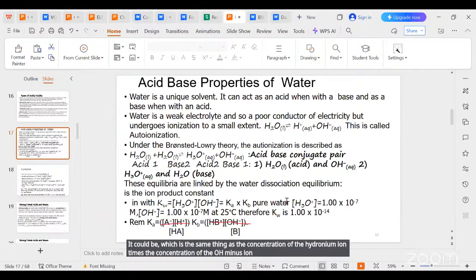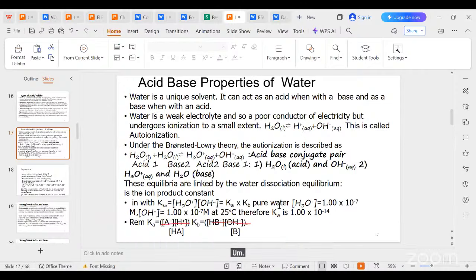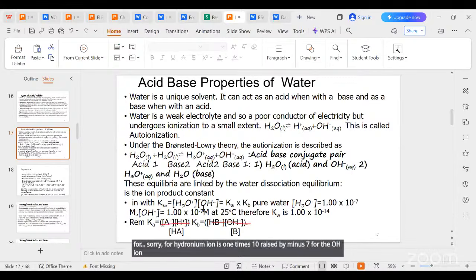For water, the hydronium ion is 1 times 10 raised to the power minus 7. For the OH ion, it is 1 times 10 raised to the power minus 7. So when you multiply them together, you get your Kw as 1 times 10 raised to the power minus 14.